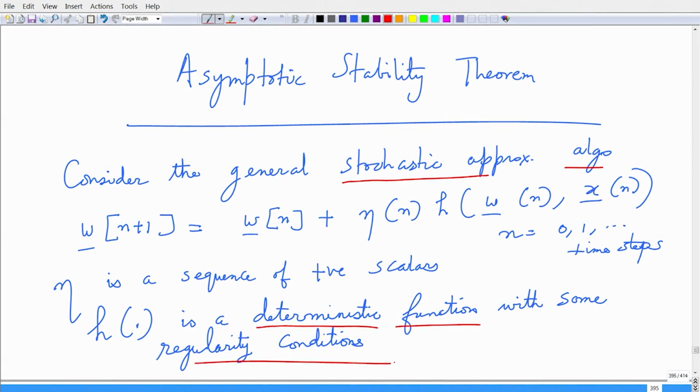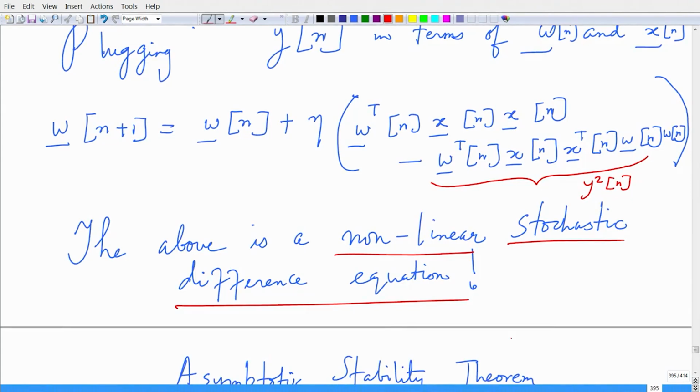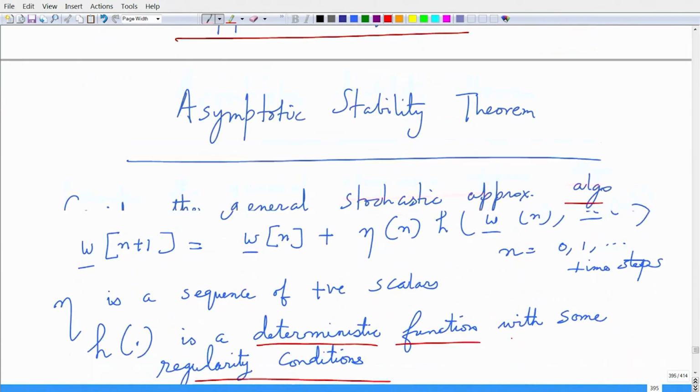So, I will state those conditions. Now, this is a general form of a stochastic approximation algorithm, and you can see that this function h can be replaced by the update that we had above from the Oja's update.